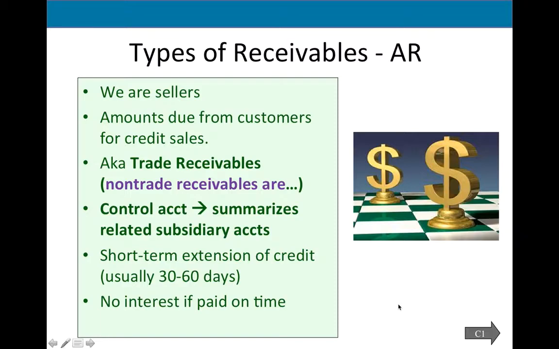Types of receivables. So we make sales, and these amounts due from customers for credit sales, they could be called trade receivables. I want you to think of accounts receivables as one large control account in the ledger. In reality, most companies also have an additional or so-called subsidiary ledger just for AR. So often people might work just in the accounts receivable department. That's all they do.